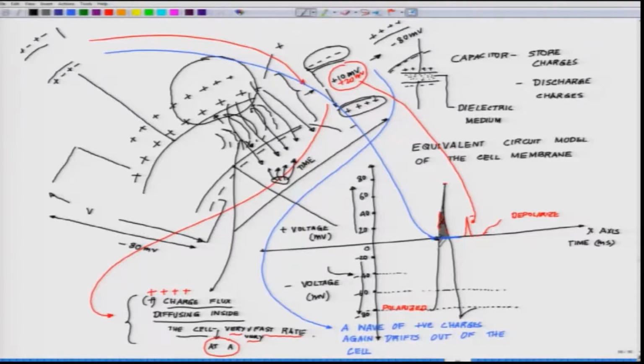So, if you put a voltmeter across it, it becomes 0 millivolt. There are equal amounts of charges across the membrane.